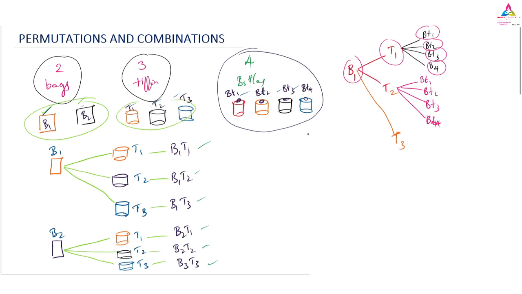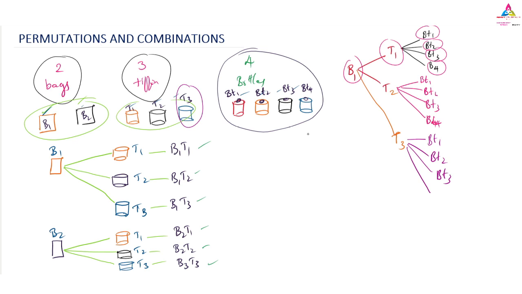Lastly for the third tiffin box we again have the same chance: BT1 or BT2, BT3 and lastly BT4. So there are again 4 more choices. If you consider using one bag, the 3 tiffin boxes and the 4 bottles, I can make, you can count them, 1 2 3 4 5 6 7 8 9 10 11 12. There are 12 possibilities here only.